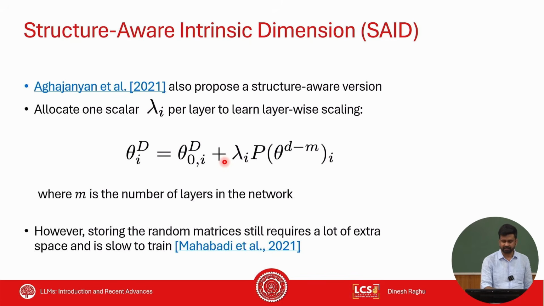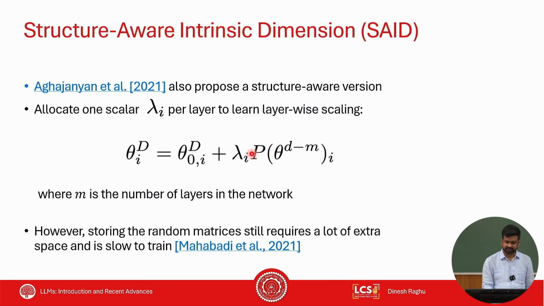If you add everything up, the lambda i's and the thetas together, you will get a d-dimensional vector. So the m is removed there because m is the number of layers we have, and there is going to be a lambda i for every m. So the total number of parameters that you will end up training would be exactly m.